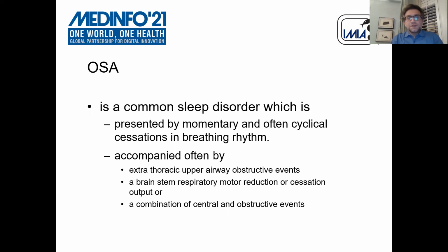It's usually caused by extrathoracic upper airway obstruction or a brainstem respiratory motor reduction, or maybe a combination of both of these causes. It means a combination of central and obstructive events.